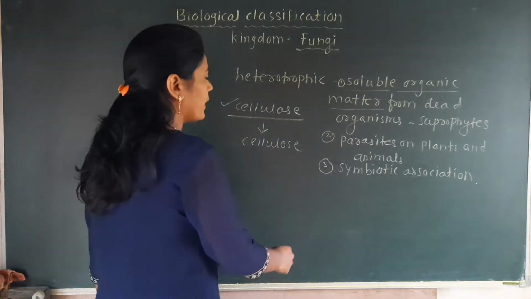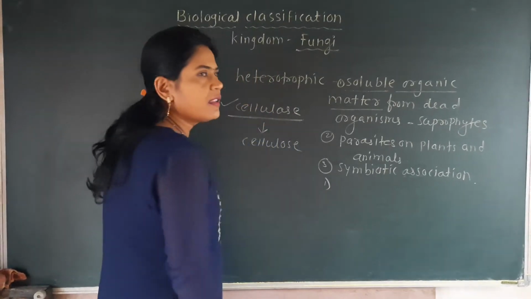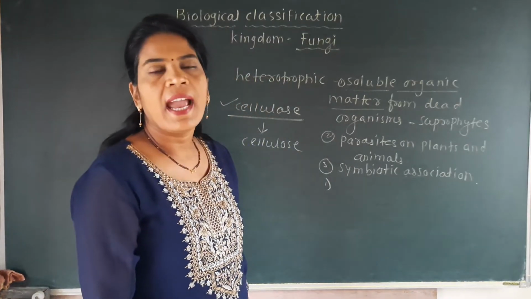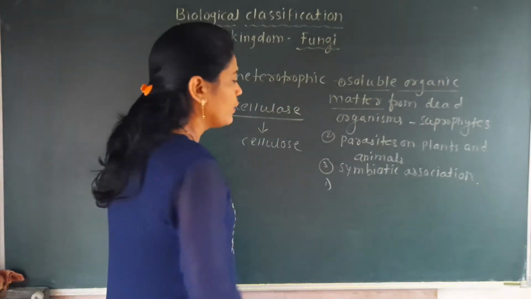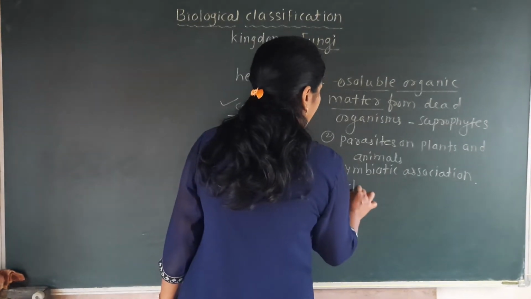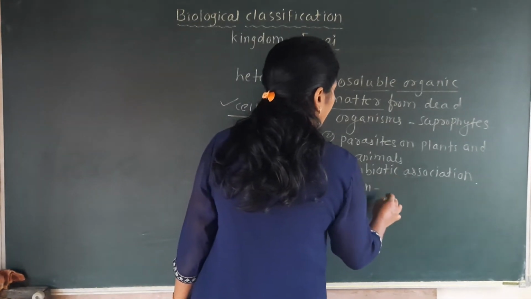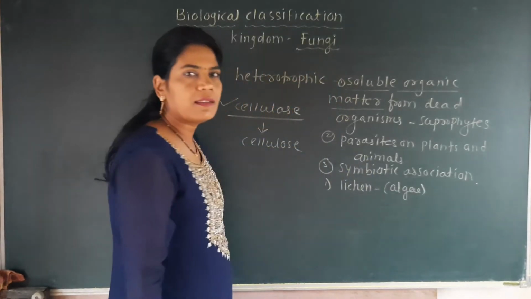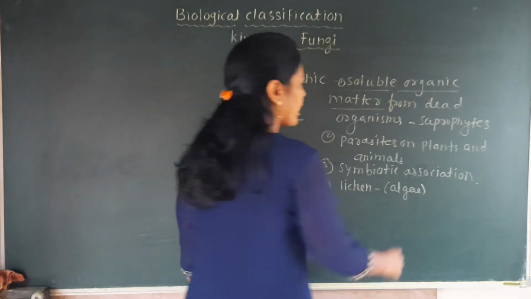In this symbiotic association, some fungi show association with algae, and that is called lichen. So lichen means fungi which show association with algae. And another one is mycorrhiza.